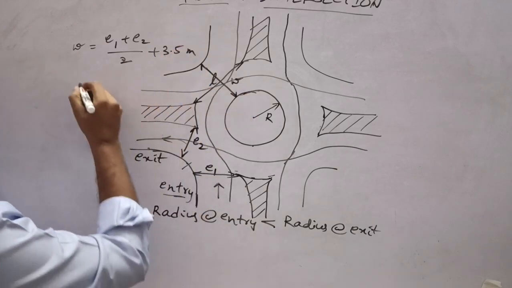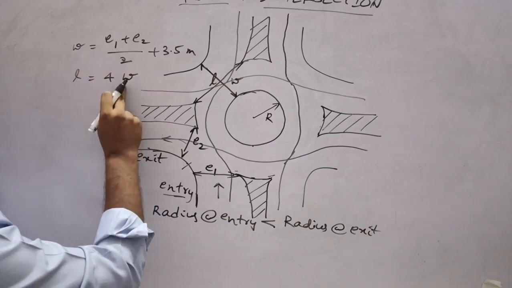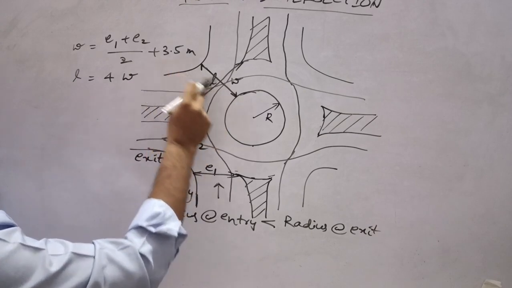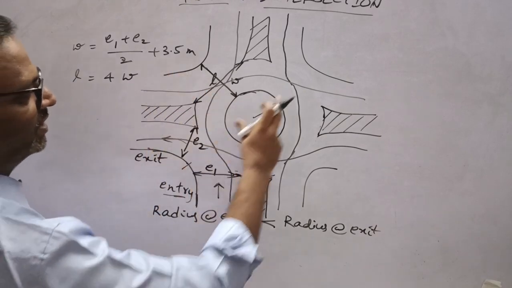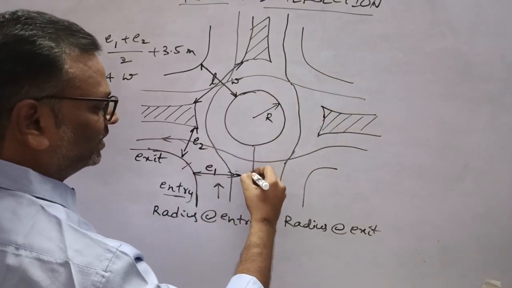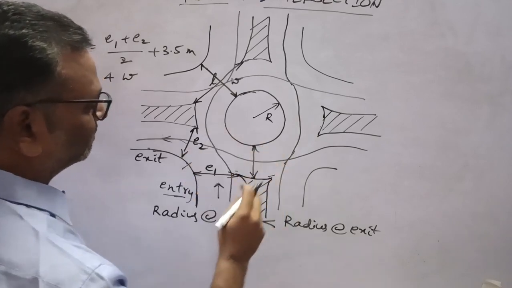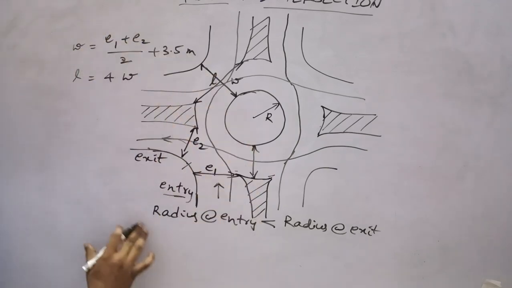And if the data is not given, L is taken as 4 times width of the weaving section. So here we have width of the weaving sections, and this is width of the non-weaving section here, and this is weaving section. Is it clear up to now?